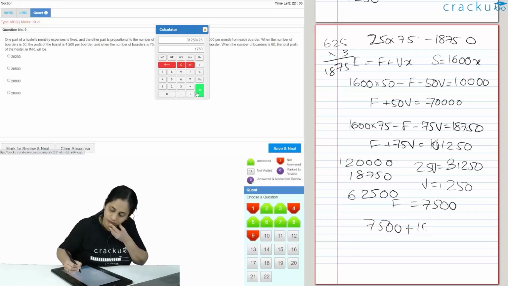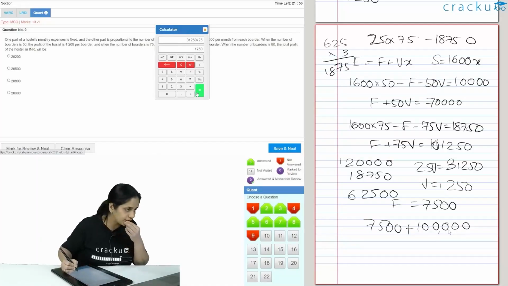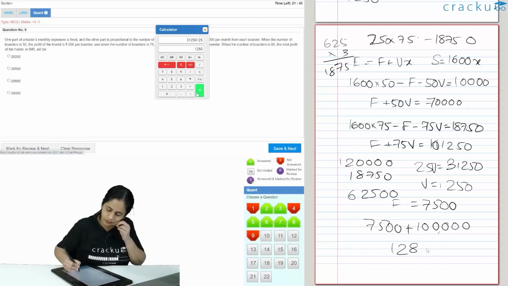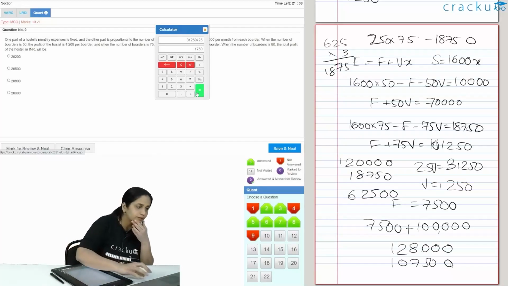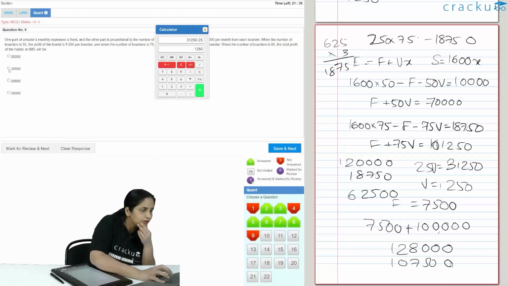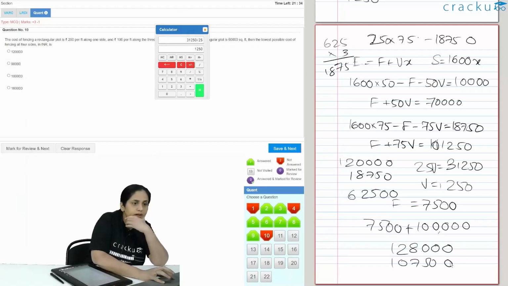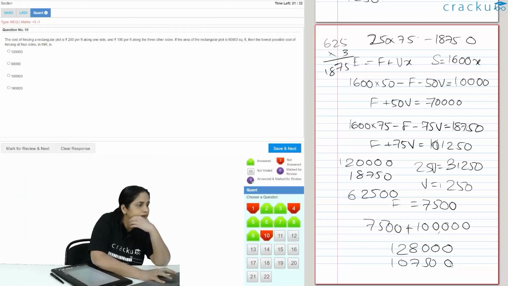This will be equal to 1 lakh 7,500, and this would be 80 times this, so that would be 1 lakh minus 1,075, 20,500. This took too much time. Okay, I'm falling way behind in time.